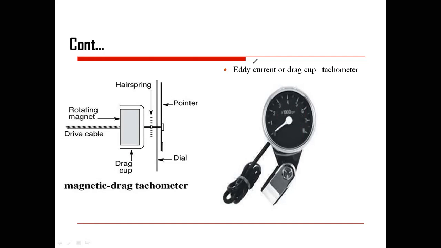It is going to exert a force on the spring, and that spring will tend to rotate the pointer towards the upward side, and this motion of the pointer totally depends upon the eddy current that has been generated. But eddy current is a function of the speed of rotation, nothing more than that.